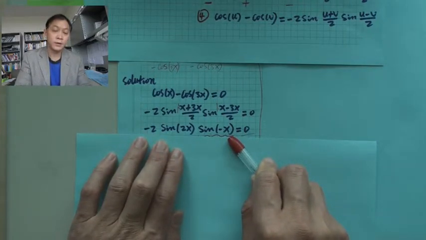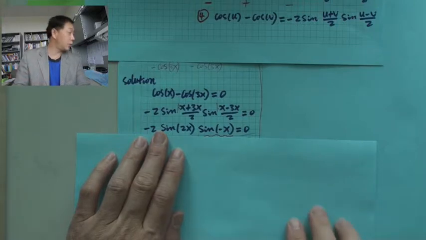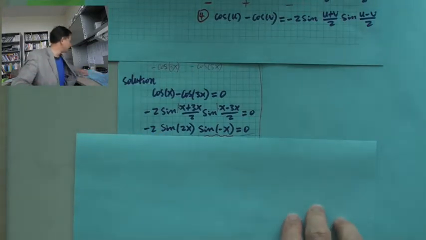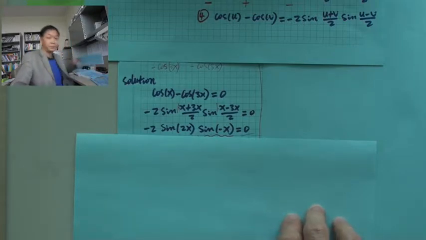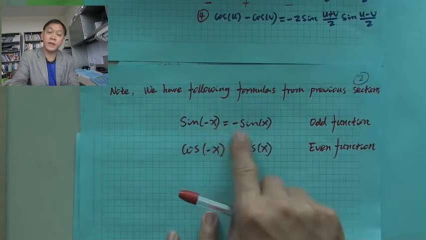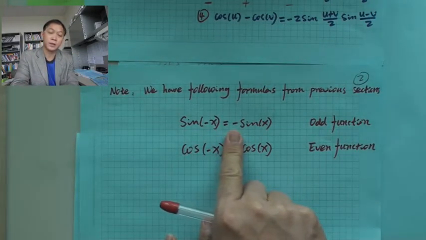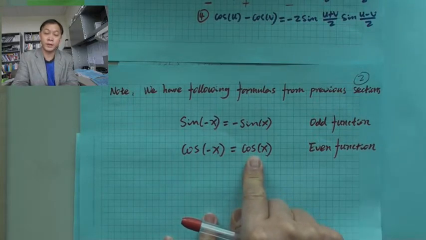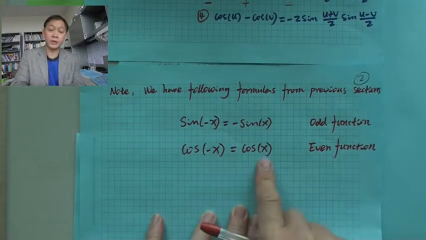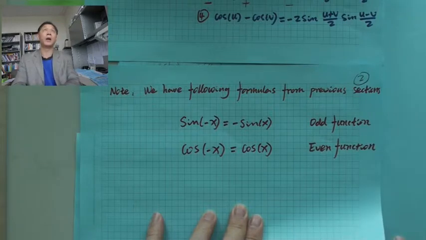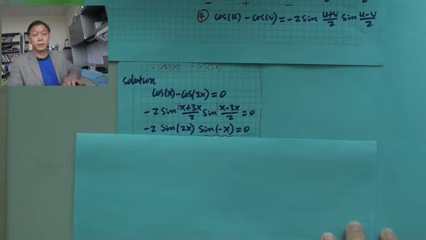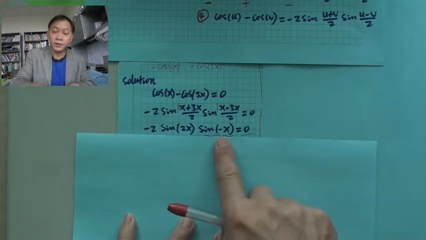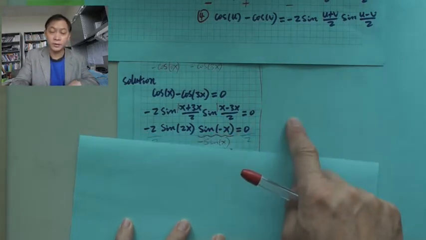Now remember what I showed you previously for sine: the negative sign gets out freely. For cosine, negative or positive doesn't matter, they are equal. So the negative sign can get out.